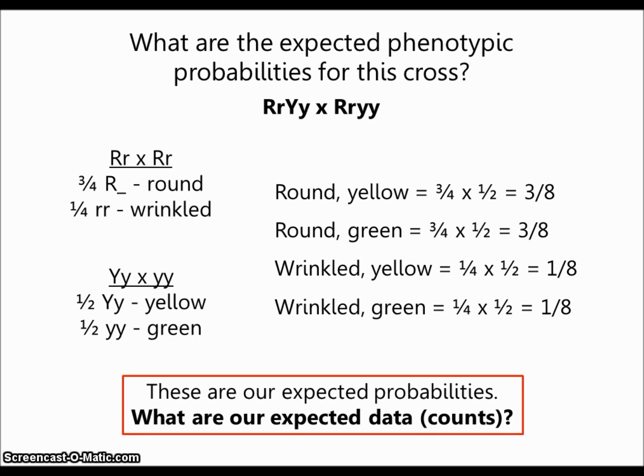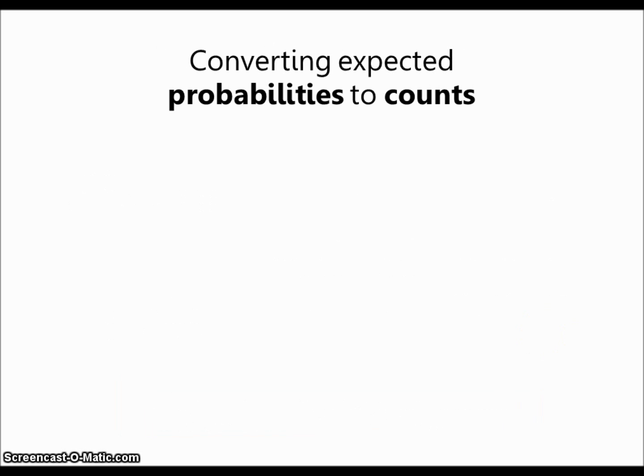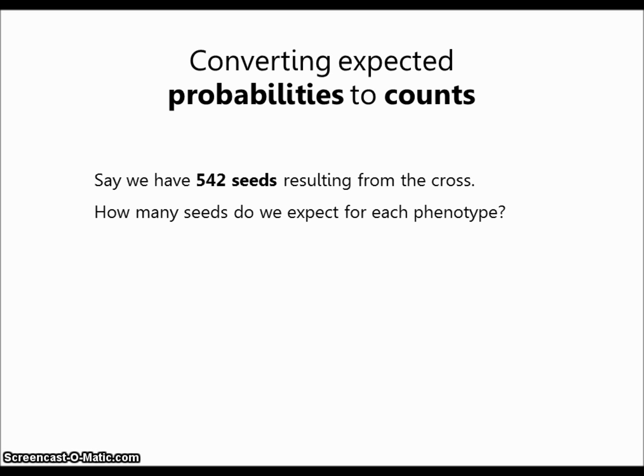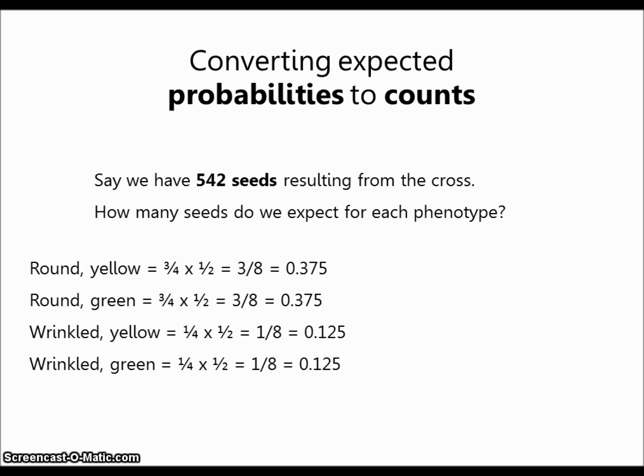All right, so from these expected probabilities, how do we calculate our expected data in terms of count? In order to do that, we take the total number of seeds or progeny that resulted from the cross, and that's our total, and we calculate how many seeds we would expect of this total for each of our phenotypes given the probabilities that we calculated, which are these.